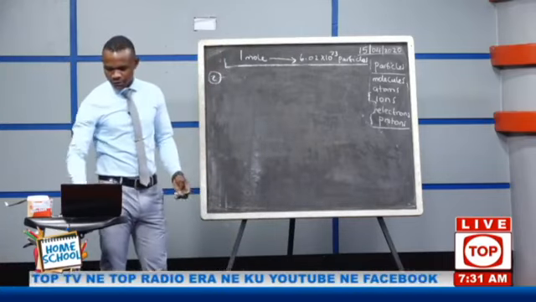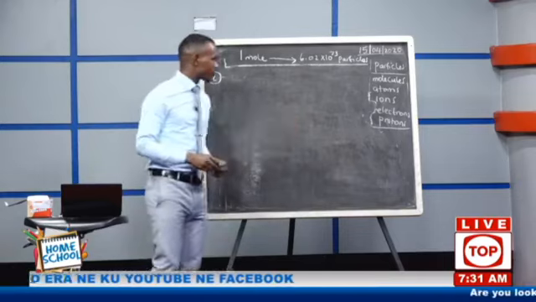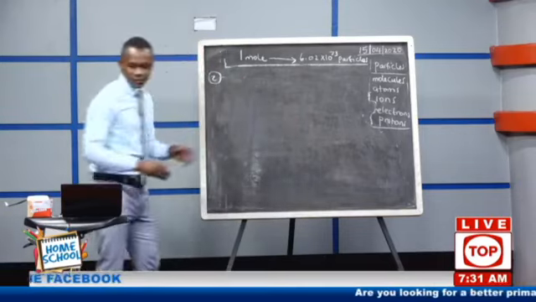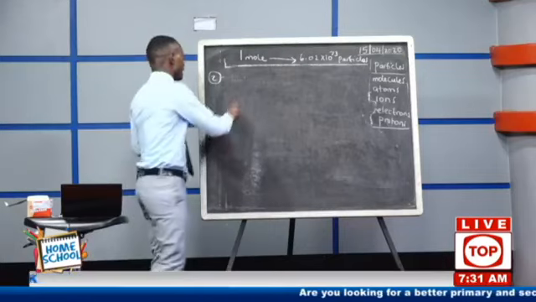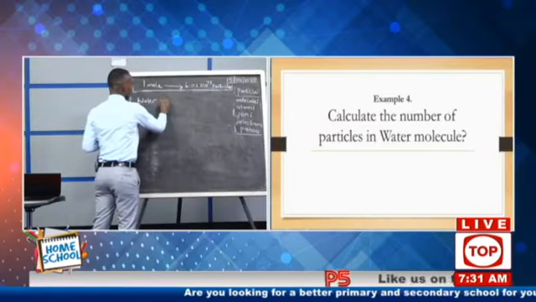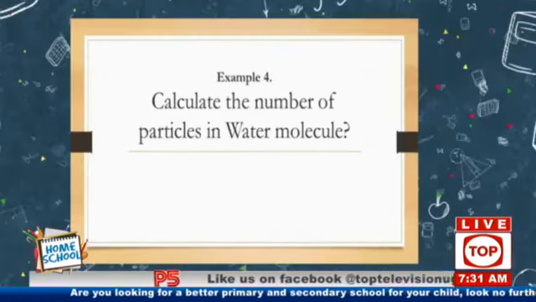The last 3 examples we have been looking at individual particles. Now they are saying that you calculate the number of particles in water molecule. We look at water molecule and determine how many particles are there.